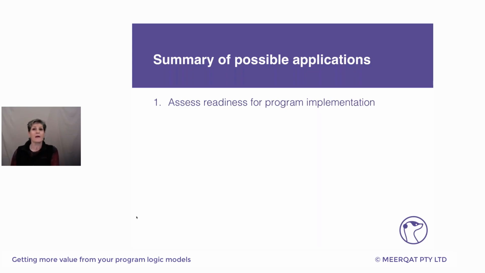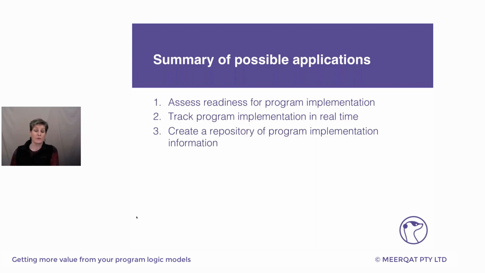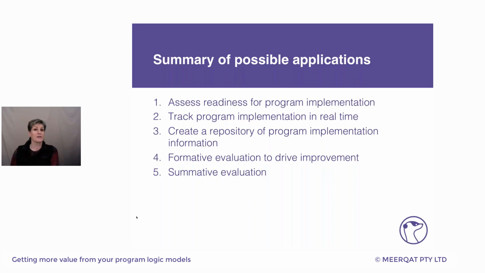You can then track the implementation of the program in real time. You can create a repository of program implementation information as the program is being rolled out. You can conduct formative evaluations and use the outcomes to drive further improvement in program implementation. You can conduct summative evaluations, and finally, you can compare program implementation across different sites.